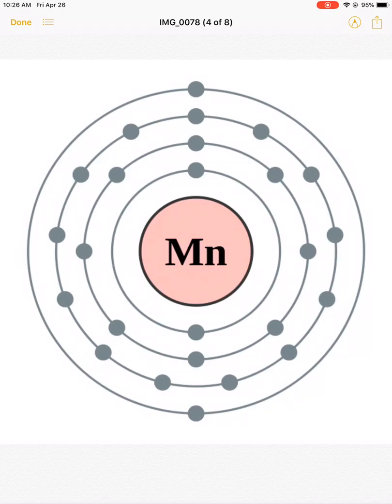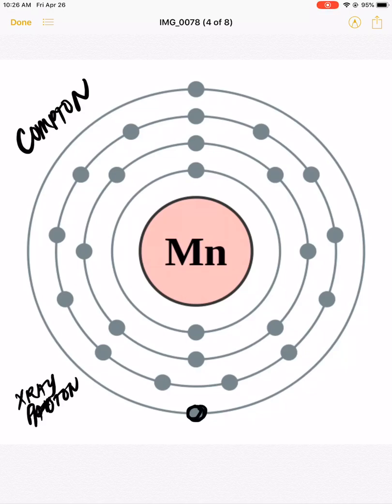The next effect is called the Compton effect. Again, you have an X-ray photon that is only going to interact with the outer shell. Okay, so the X-ray photon comes, then ejects this electron out.